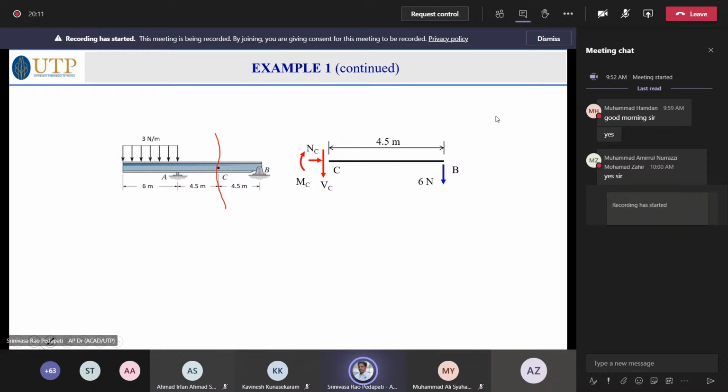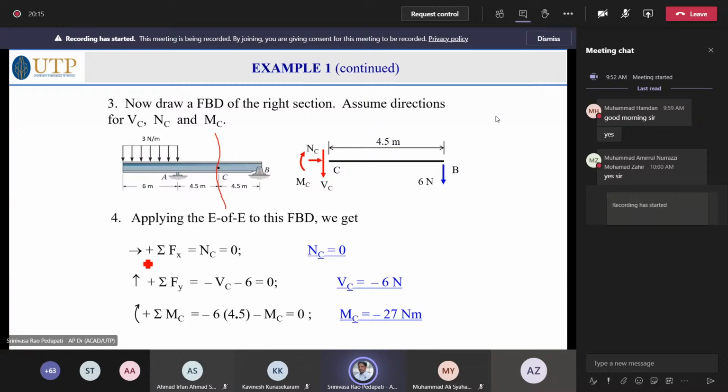To find them, what we require is equilibrium equations again: sigma Fx, sigma Fy, and moment about C. Moment about C will cancel out all these forces, and the only thing left is 6 newtons into distance, that is 6 into 4.5, and MC. MC should actually be in the other direction, sorry.